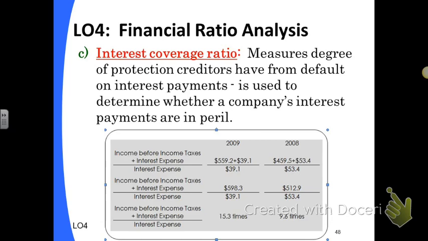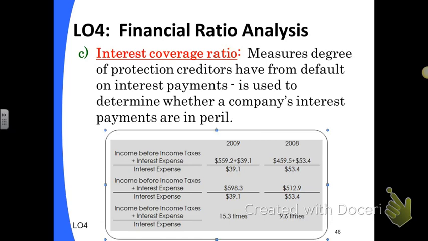Next, we're going to look at our interest coverage ratio, and this measures the degree of protection creditors have from default on interest payments. So how likely are we to pay the interest component of our debt repayment? It's used to determine whether a company's interest payments are at risk. We can see this calculation as our income before taxes, plus we're going to add back our interest expense, and we're going to divide this number by our interest expense.